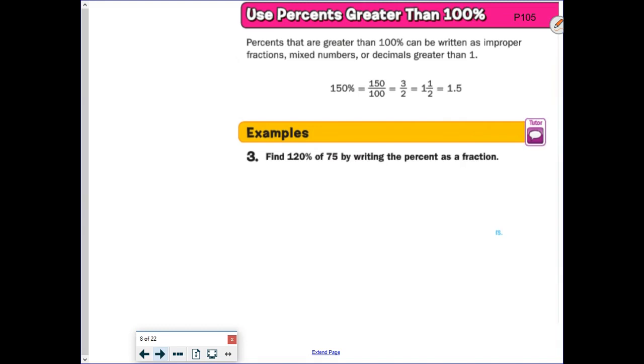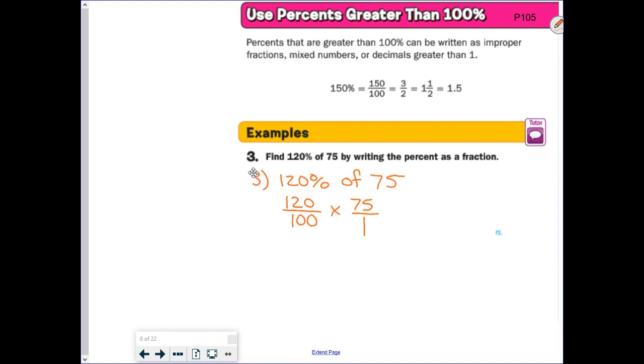So again, we want to write the problem as 120% of 75. In this problem, they would like us to make 120% as a fraction. So again, the percent means to divide by 100, so we will put 120 over 100, and we're going to multiply that by 75 over 1.